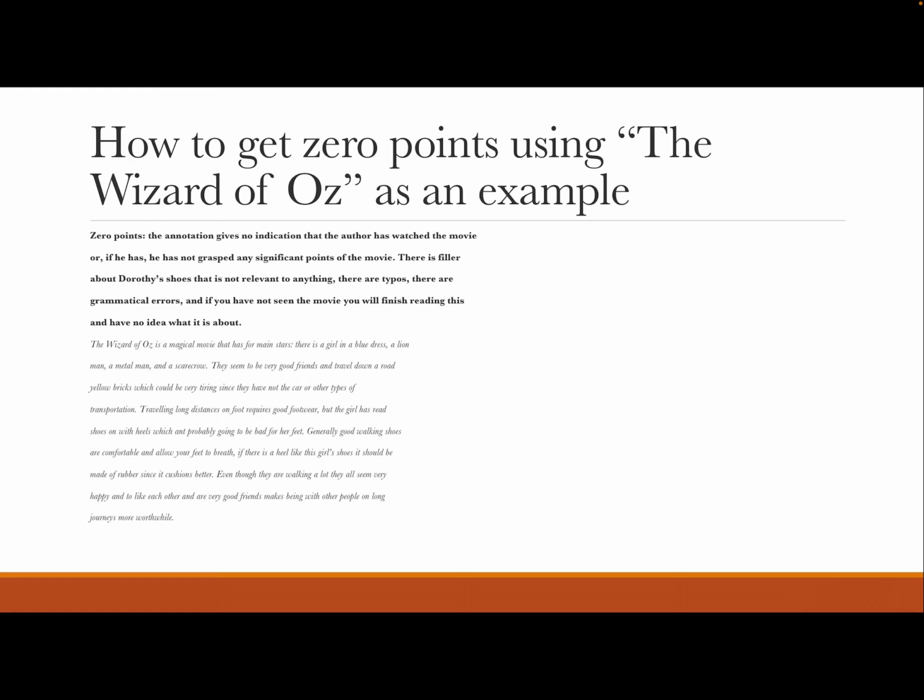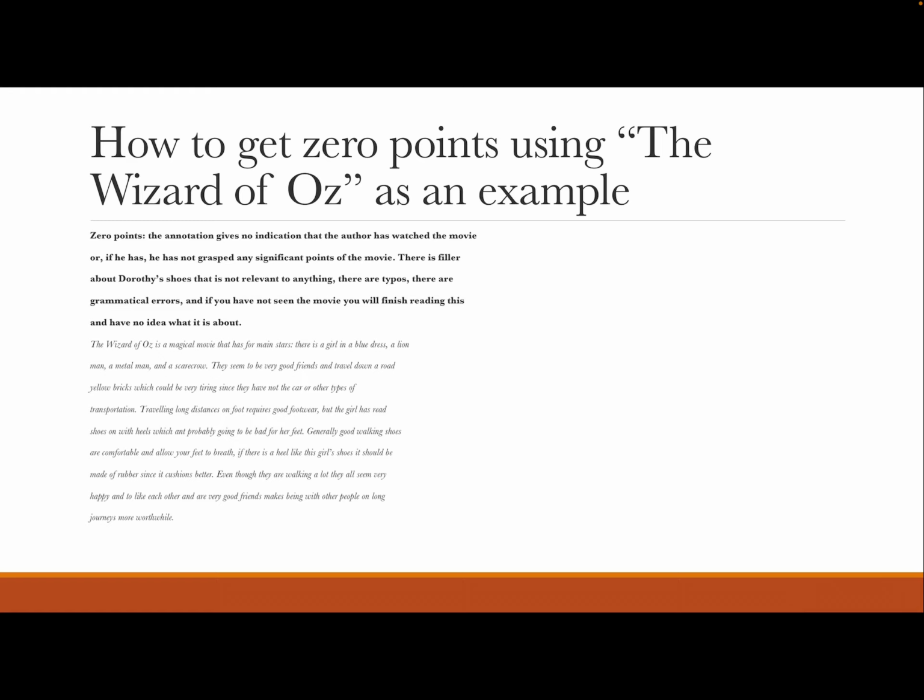Generally, good walking shoes are comfortable and allow your feet to breathe. If there is a heel like this girl's shoes, it should be made of rubber since it cushions better. Even though they are walking a lot, they all seem very happy and do like each other and are very good friends, makes being with other people on long journeys more worthwhile.